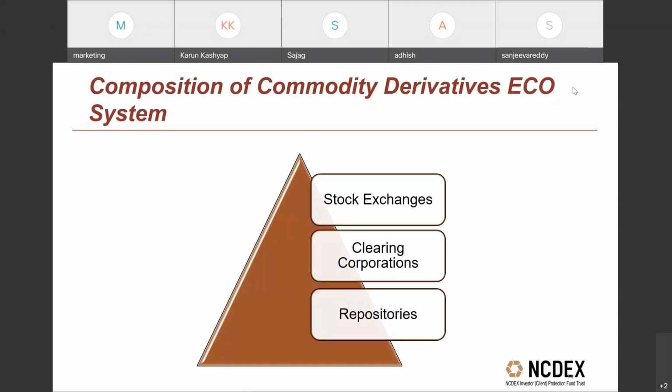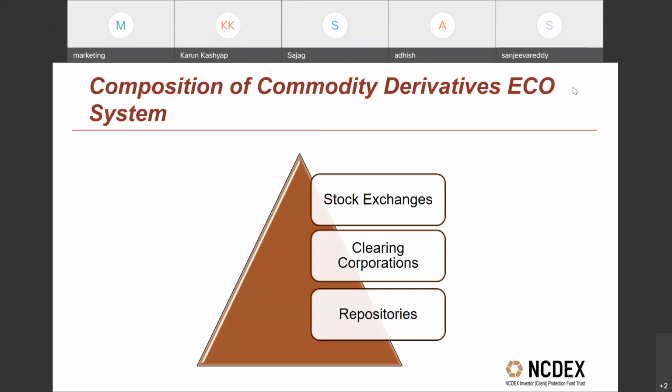And the second one is the clearing corporation. As per SEBI guidelines, the stock exchange and clearing corporation have to be separate entities. So all the trades which happen on the stock exchange have to be settled through the clearing corporation. Every stock exchange has a clearing corporation which will settle all their trades.